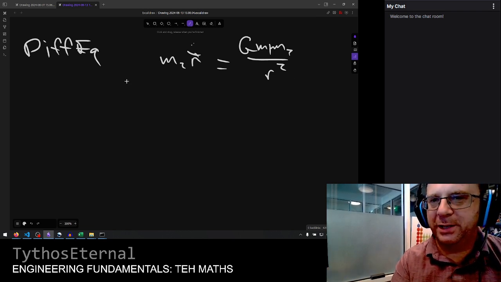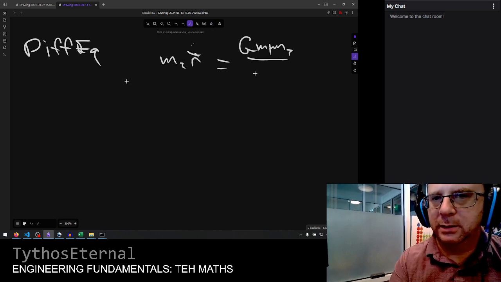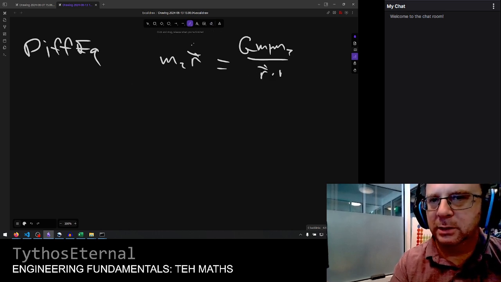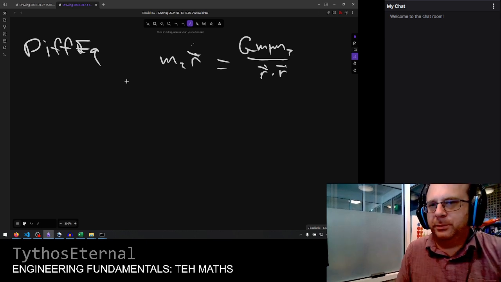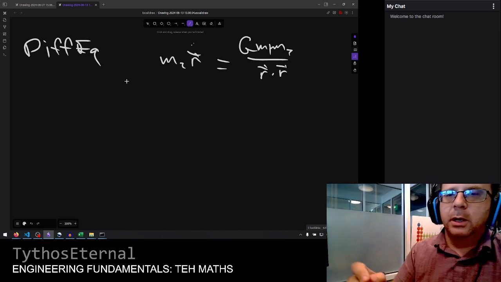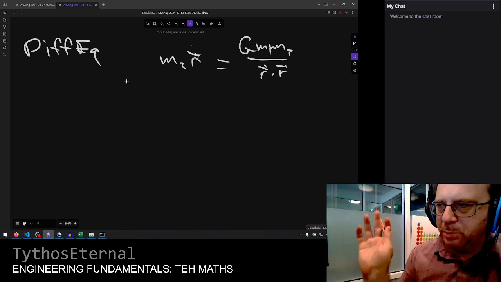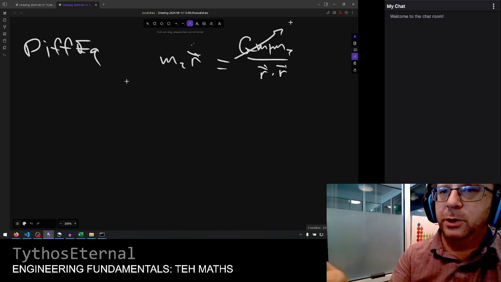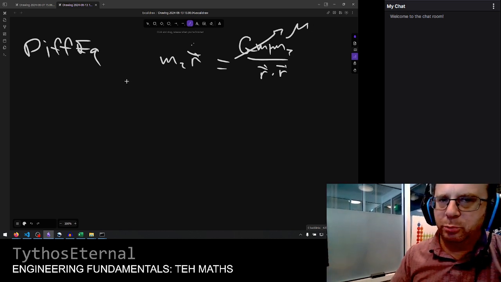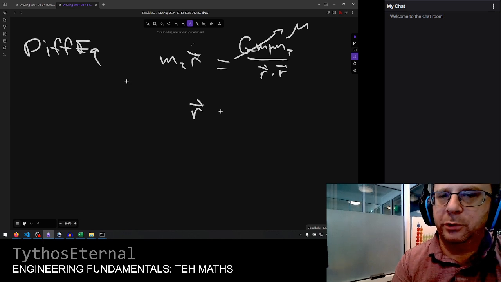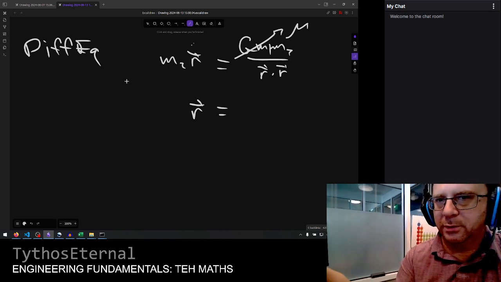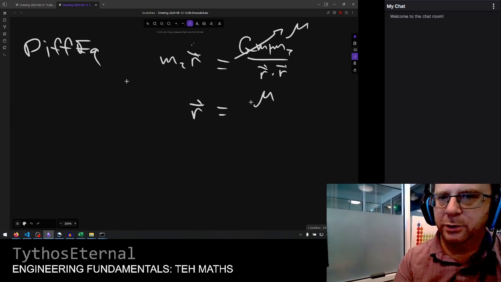Let's vectorize that, so r dot r, right? That's the same thing as the magnitude squared. So in a restricted two-body problem, as we say, this is just replaced by some gravitational parameter. And of course, the mass of the object itself divides out. And effectively, what we have is this.